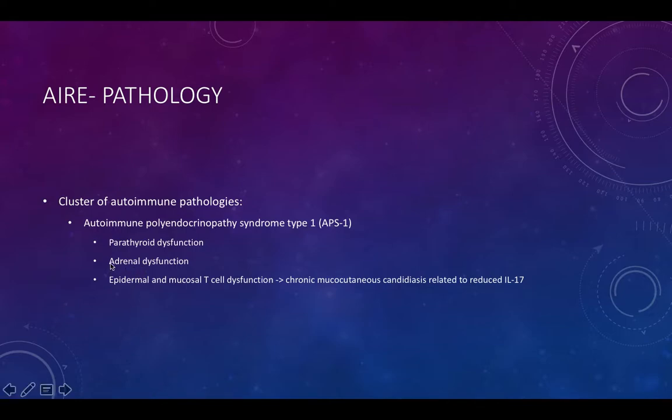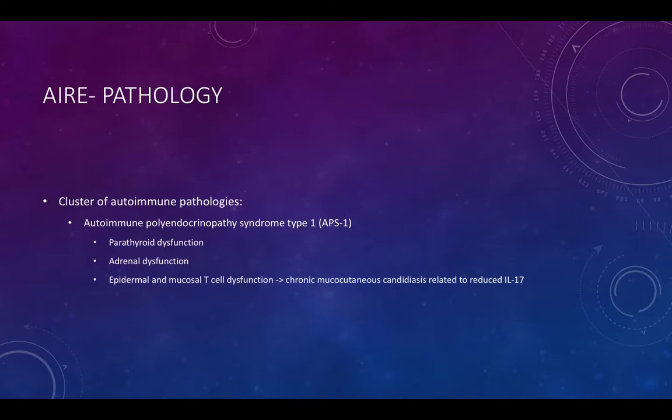And then also you can have T cell mediated destruction of the adrenals, leading to hypoadrenalism, such as Addison's syndrome, autoimmune hypoadrenalism, where you could have low cortisol release, low catecholamine release, etc. And what's the third one? Glomerulosa is the cortex.